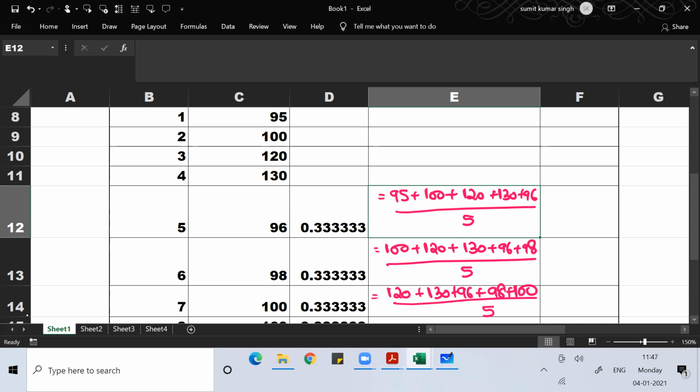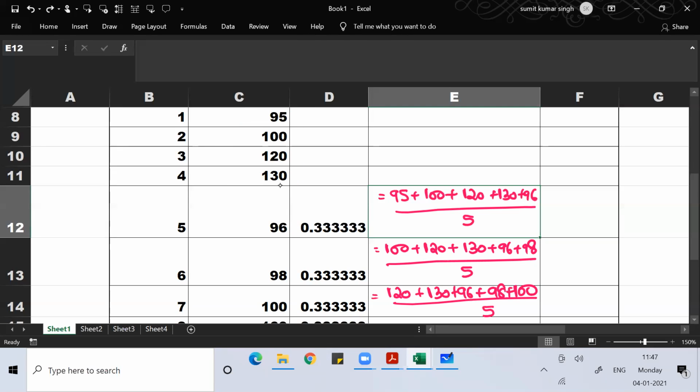So do this, everyone. Find the simple moving average for every day. I hope everyone got the logic. For the first 5 days, you will take the data of the first 5 days.